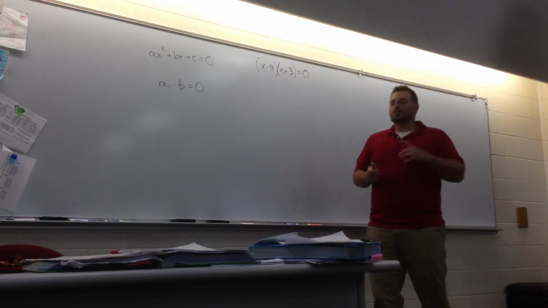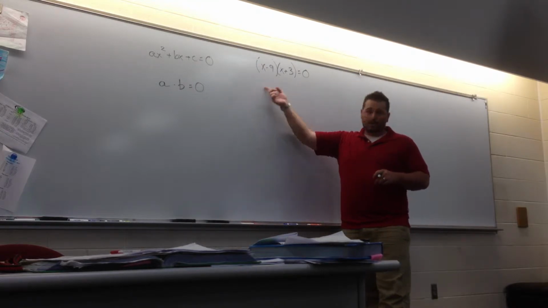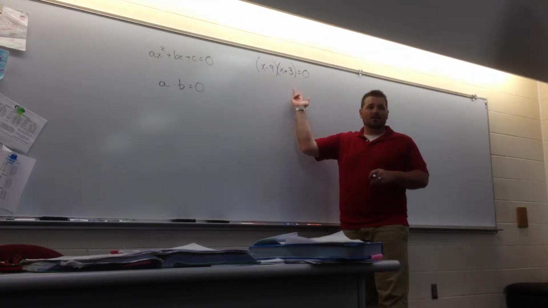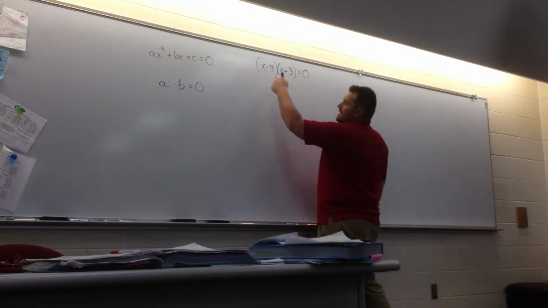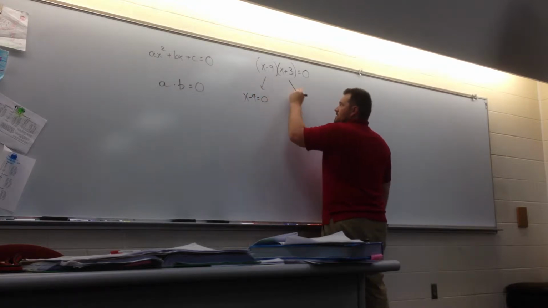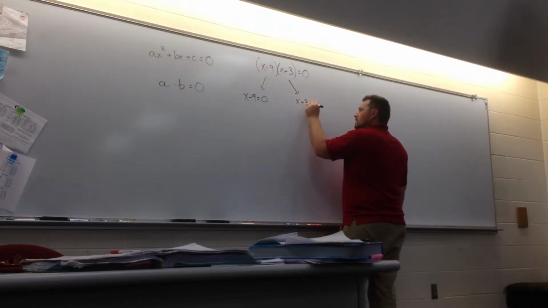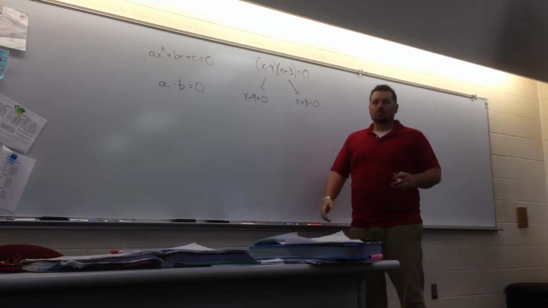Okay? So to solve a quadratic by factoring, we want to factor it down into the individual pieces, into a big multiplication problem, and then set each piece of this equal to 0. Because we know that one or both of these has to equal 0.